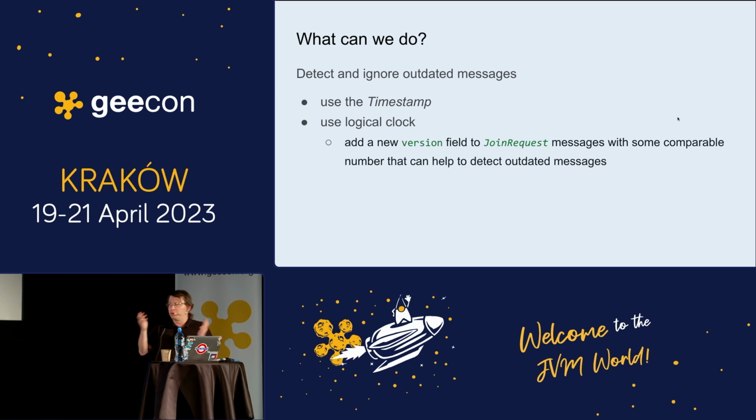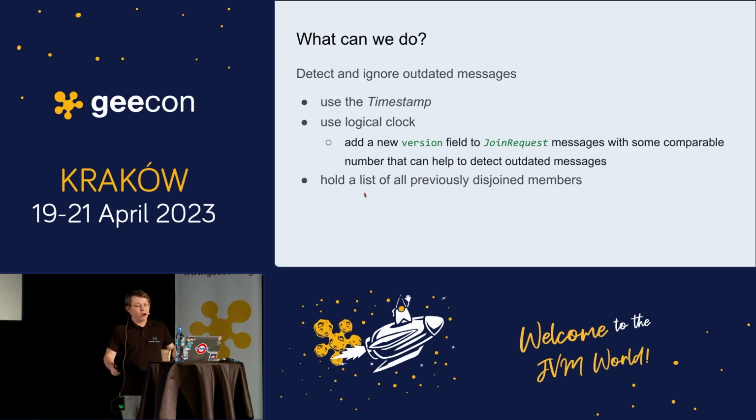It is some counter that is incremented when the system state changes. For example, we could use some version of the cluster and put it into our join request. And if the current cluster version is bigger than the version in a join request, we should ignore such a message. Or the third option: we could hold in memory all disjoint members, all members that have been disjoint from the cluster.